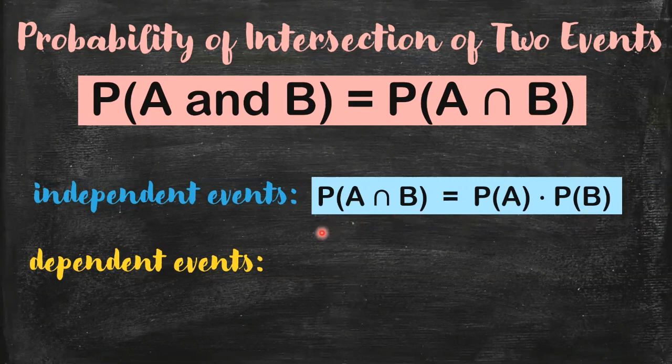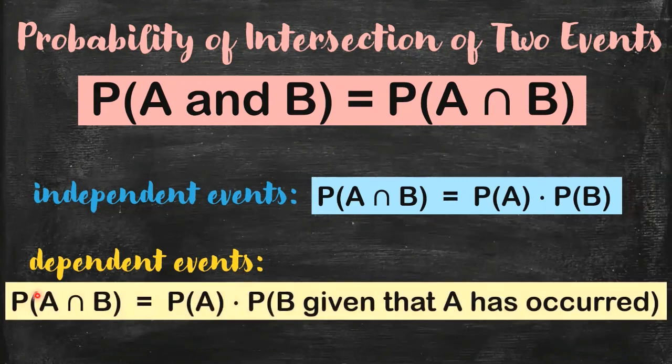Now, for dependent events, ganun din naman. I-multiply nyo rin yung probabilities. Pero yung probability ng second event natin, ni event B, magbabago because it is being affected by the first event, which is event A. So this is how you get the probability of A intersection B, where A and B are dependent events.